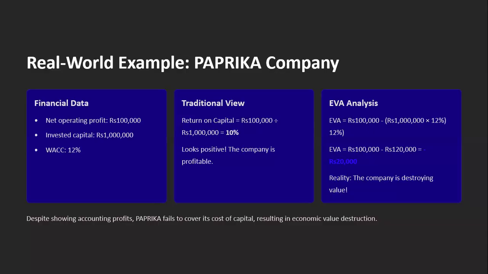The simple reason is that economic value or wealth creation is not giving output as designed. So when I say EVA, it talks about how much gain or loss I'm making.